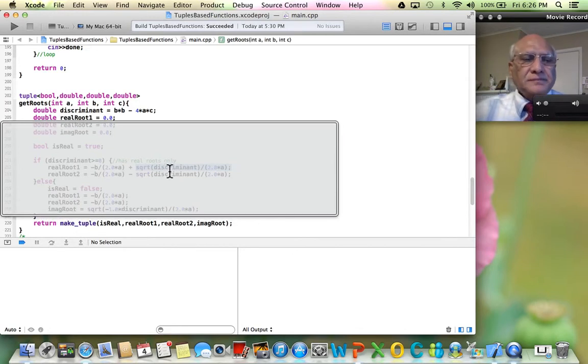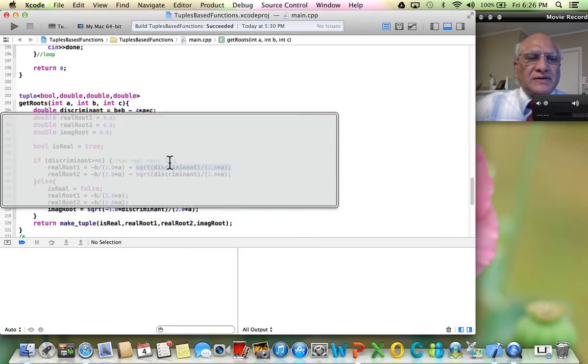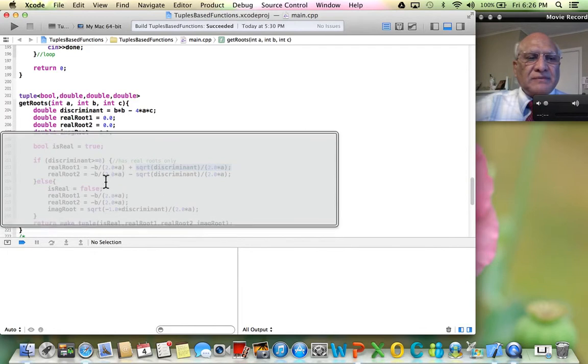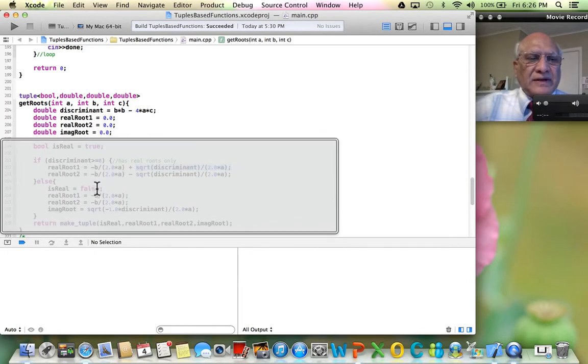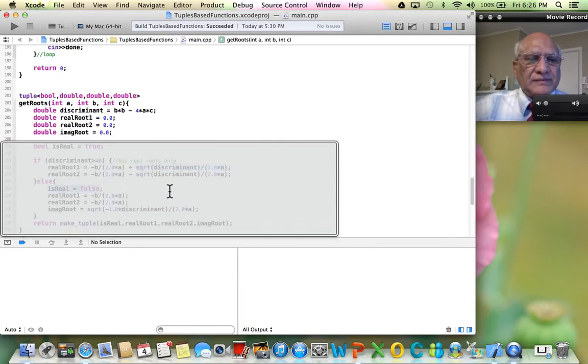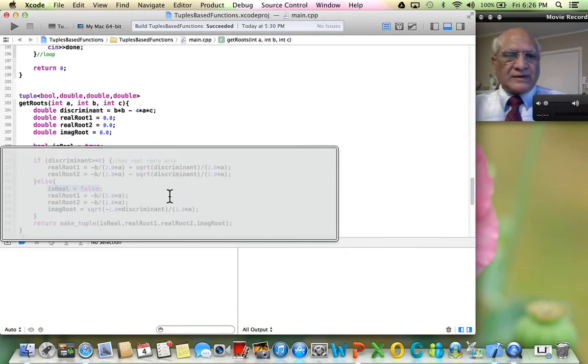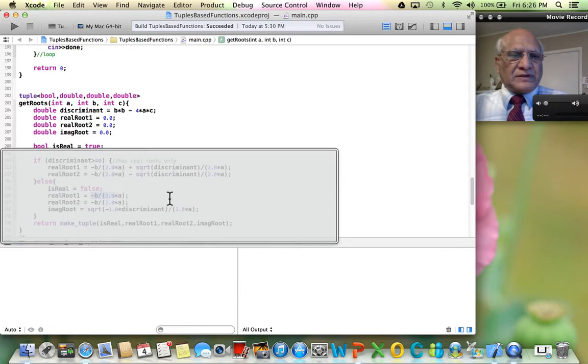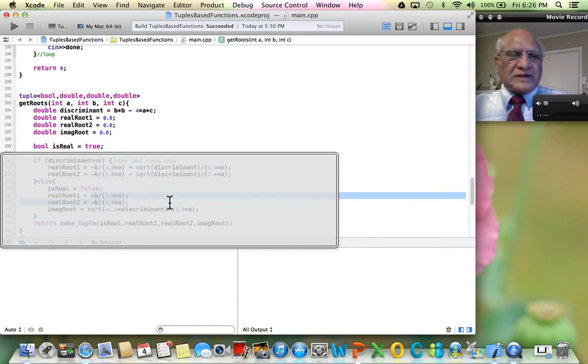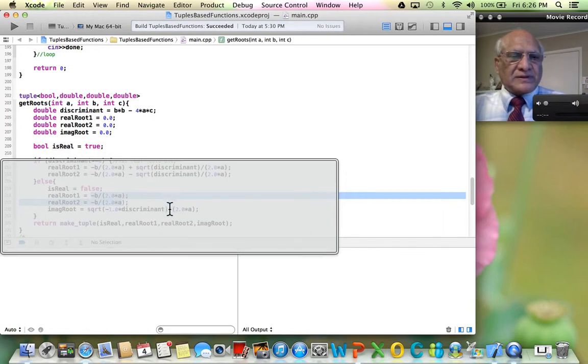Okay. If discriminant is neither greater than 0 nor equal to 0, then it's got to be less than 0. Then we have the imaginary part. So in that case, we set the is real to false. And in that case, the real part will be minus b divided by 2a, and they're actually same in that case. The real part of the square root will be same in this case.